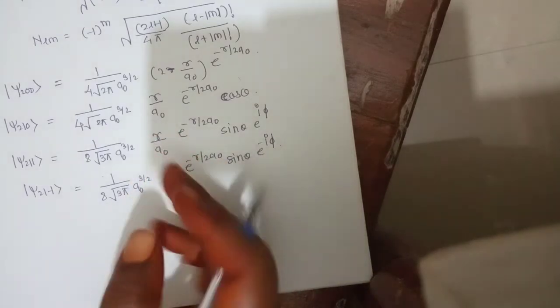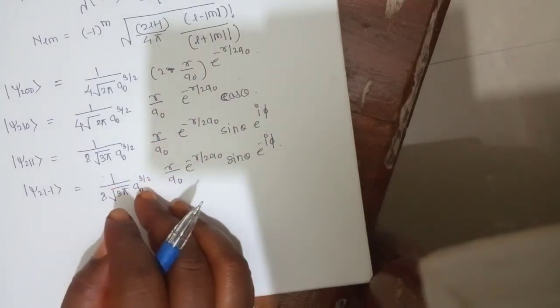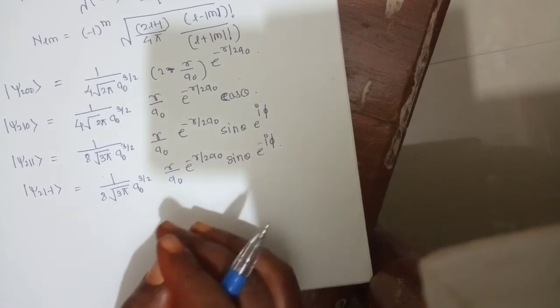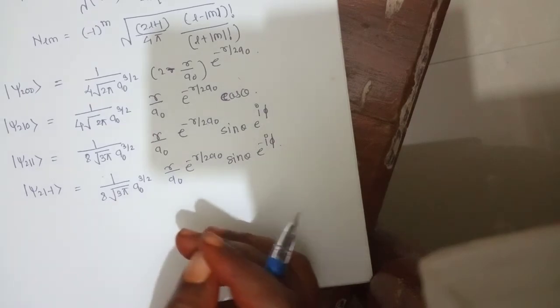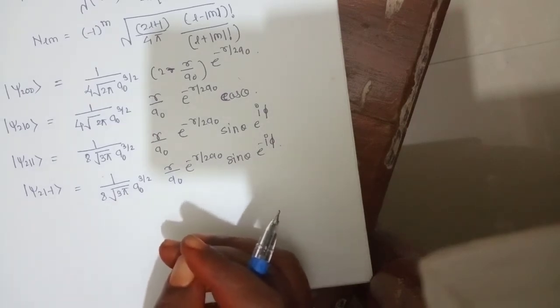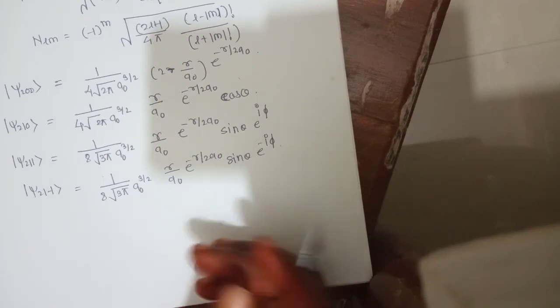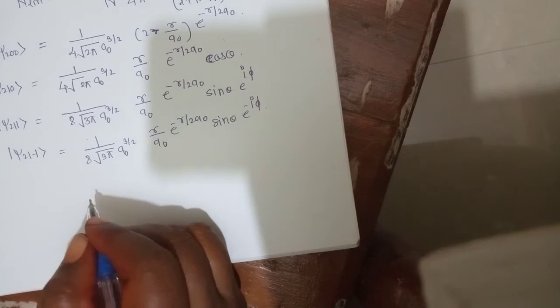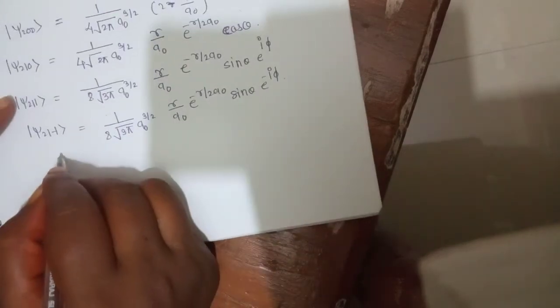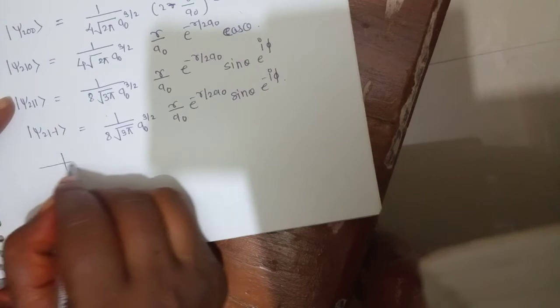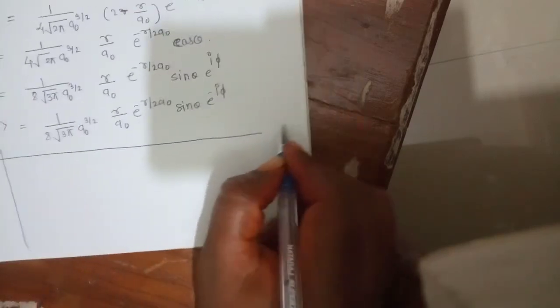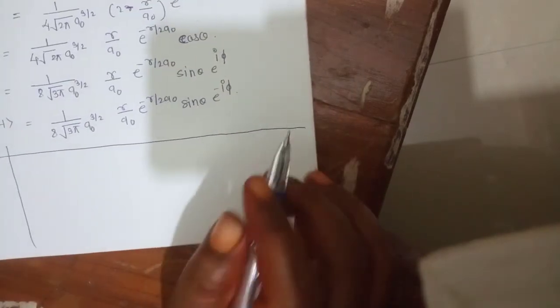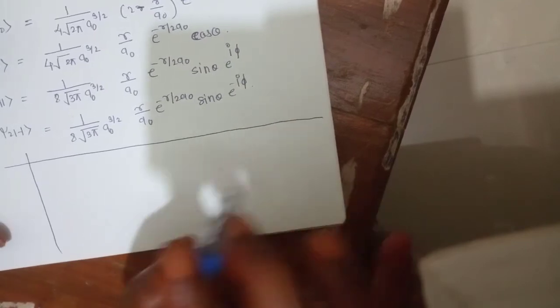In order to apply perturbation theory to a degenerate state, we first have to evaluate the 16 elements of the matrix of H prime. What are the 16 elements of the matrix H prime? We say the first excited state of the hydrogen atom is fourfold degenerate.